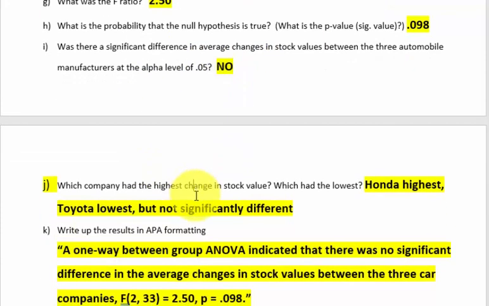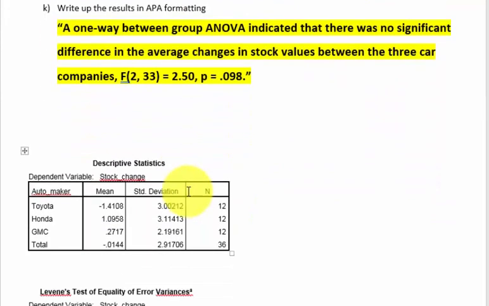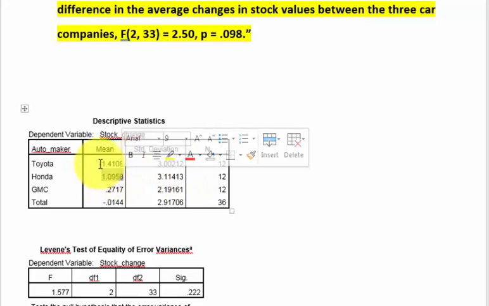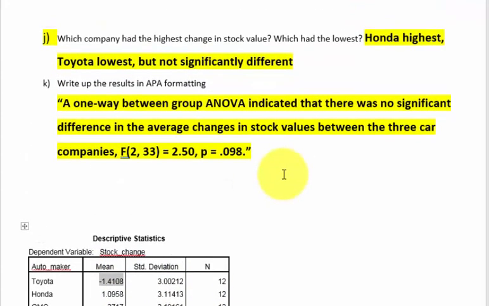And which company had the highest? It really doesn't matter since they weren't significant, but Honda had the highest and Toyota had the lowest. I just looked at the means here, right? And this is the write-up, right? A one-way between group ANOVA indicated that there was no significant difference in the average changes in stock values between the three car companies. F, this is your between group degrees of freedom.